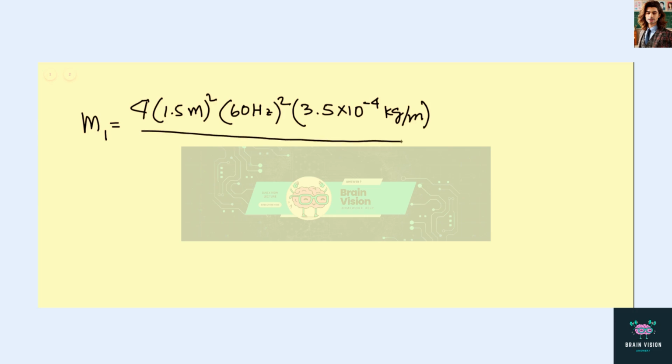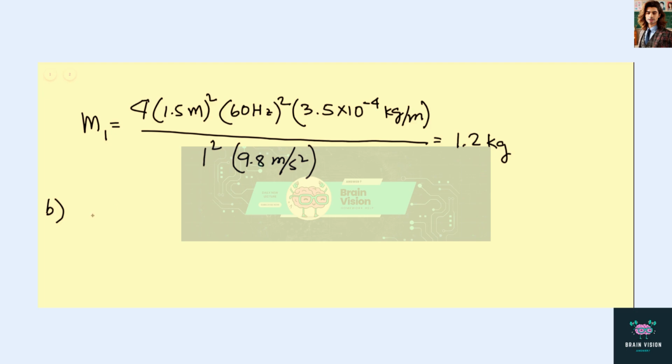We divide the whole thing by n squared times g, where again n is 1, that's why we have m1. So 1 squared times g, which is 9.8 meter per second squared. So this gives us mass as 1.2 kg.